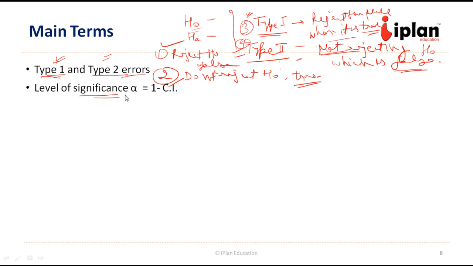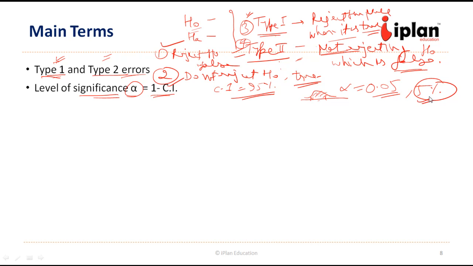The level of significance alpha, that is also 1 minus confidence interval. We've already seen, suppose confidence interval is 95%. That is the area we are talking about, or that is a probability of an element being within that interval. So there are 95% chances that a particular element will lie within this range. So our confidence interval is 95% and significance level is 0.05 or 5%.